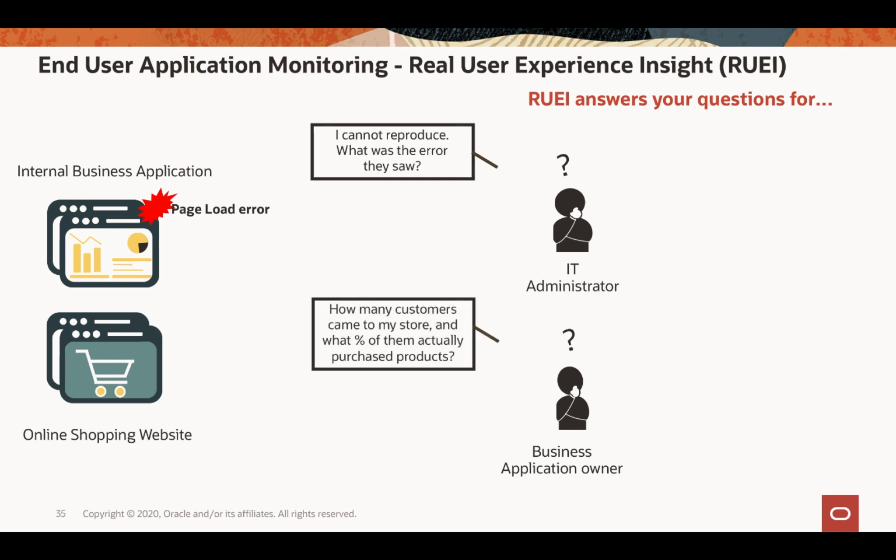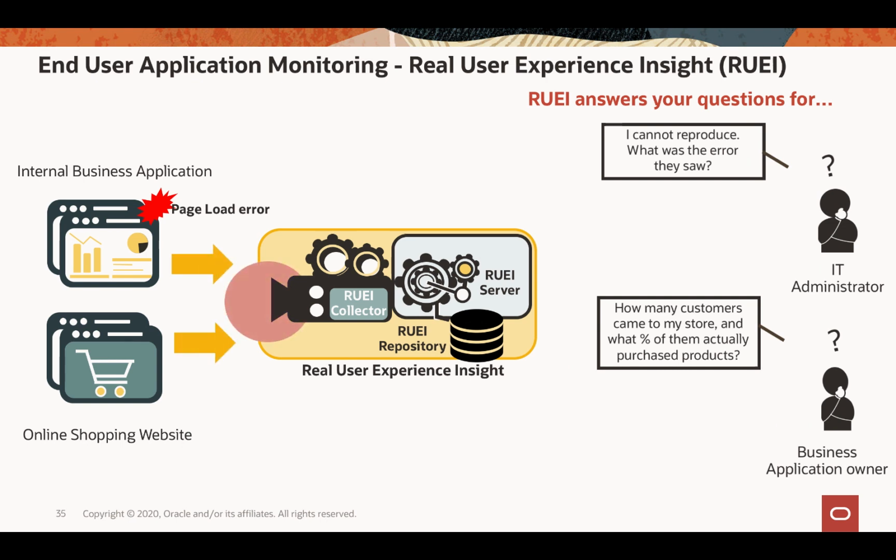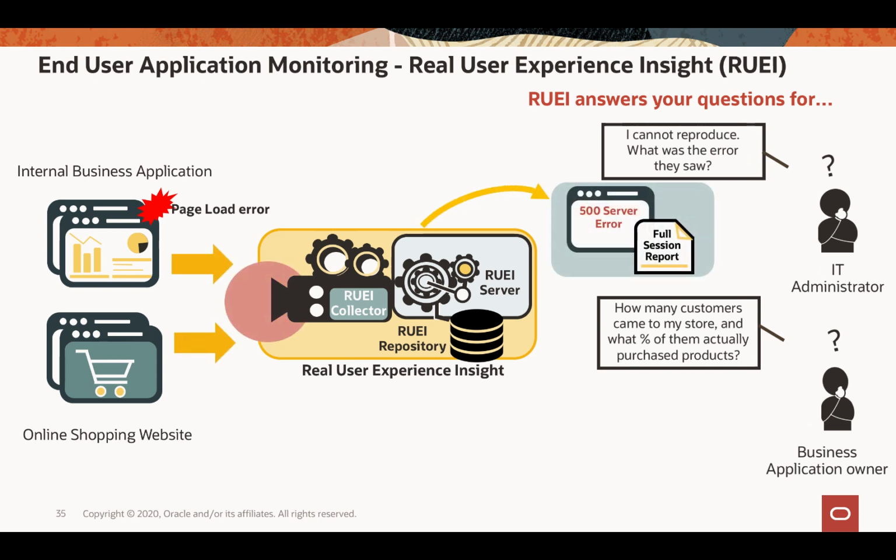Another example. Now we have an online shopping website that is publicly open through the internet. There is a business application owner wondering how many customers actually came to my store in the last 24 hours and what percentage of them actually purchased my product. These are the questions that RUEI can answer. An IT administrator can see the full session report of what exactly happened during the error time.